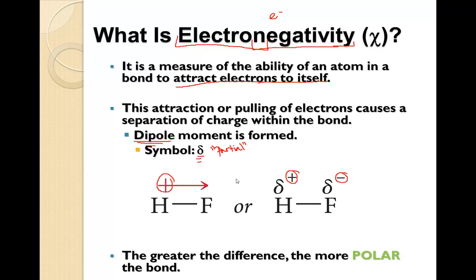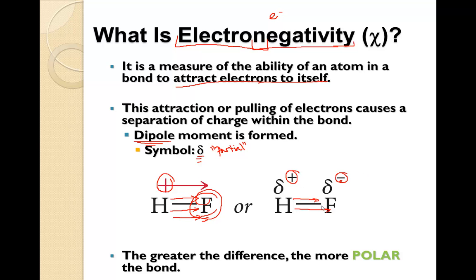So what's happening here is fluorine is electronegative. So it's pulling the electrons towards fluorine. And as a result, there's more electron density over here, making this a little bit negative. It's not 100% negative. It didn't completely give up its electron to fluorine, but it's partially negative.